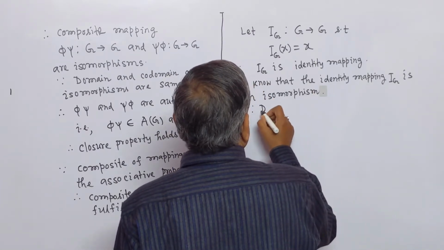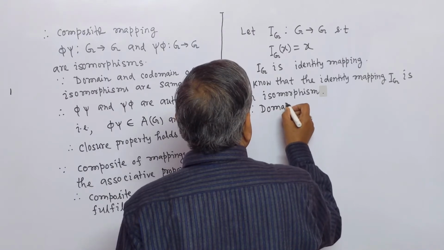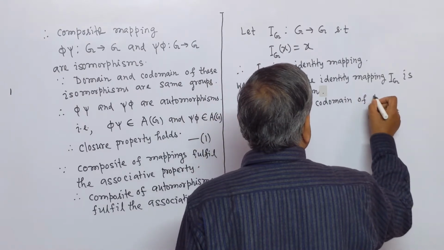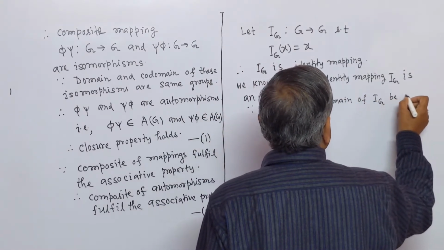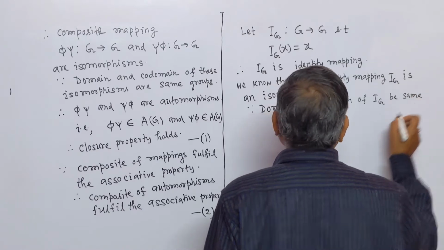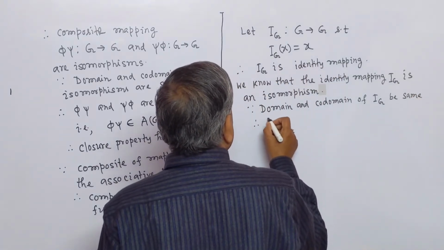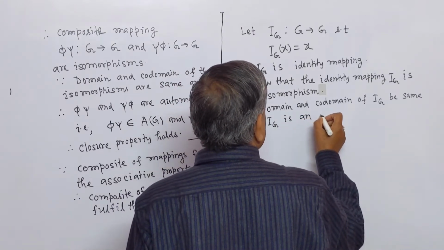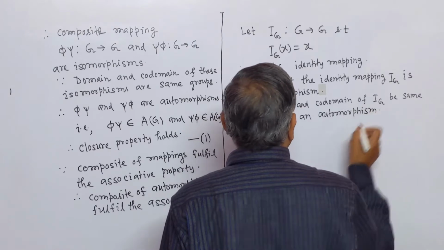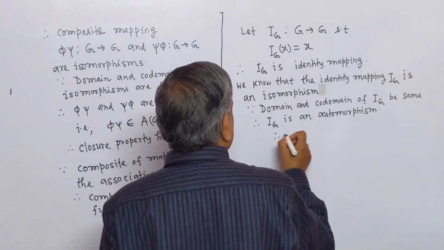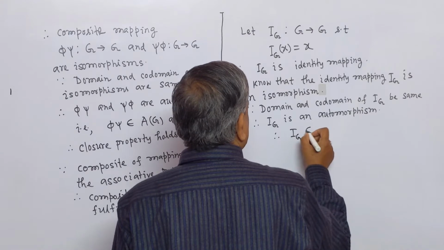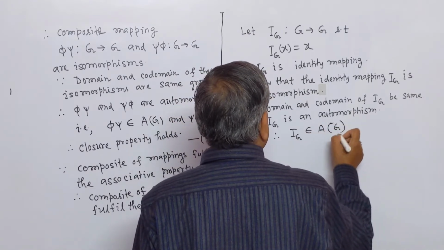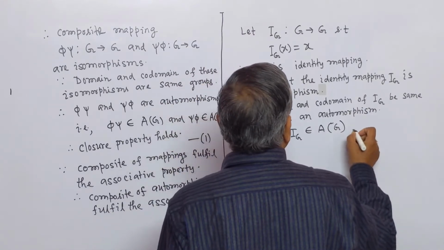Since domain and codomain of Ig are the same, therefore Ig is an automorphism. Therefore Ig belongs to AG. This is number 3.